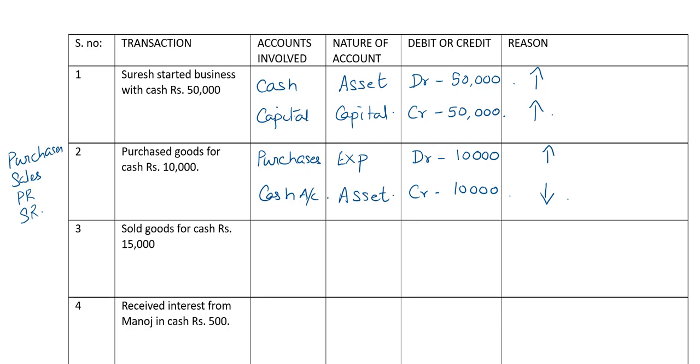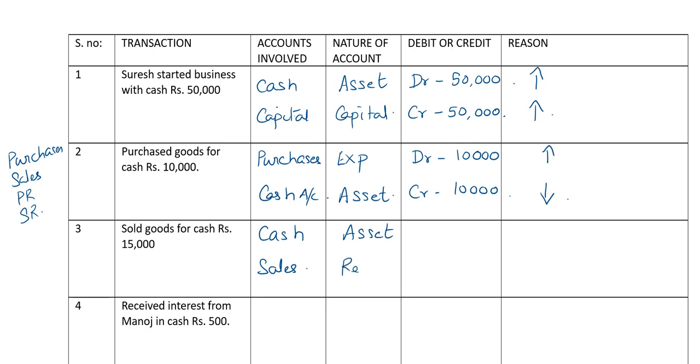Sold goods for cash rupees 15,000. Again, stock is involved. So in this case, it's sales. It's a cash transaction. So the two accounts involved are cash account and sales account. Cash account is an asset account.